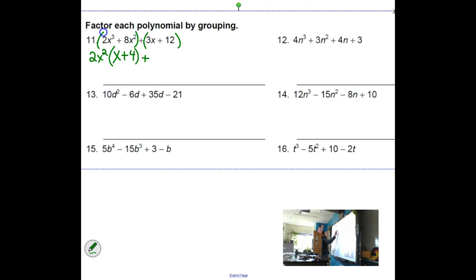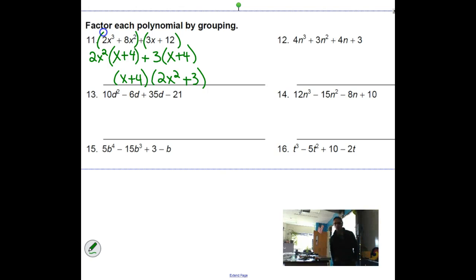Plus, what do these both have in common? Oh, it's a 3. And that means I'm left with x plus 4. Oh, well now they both have an x plus 4 in common. So I write x plus 4. And then the remaining pieces are 2x squared plus 3.